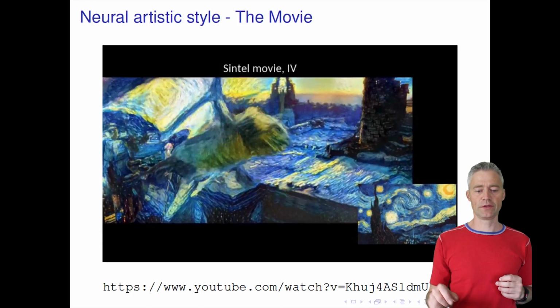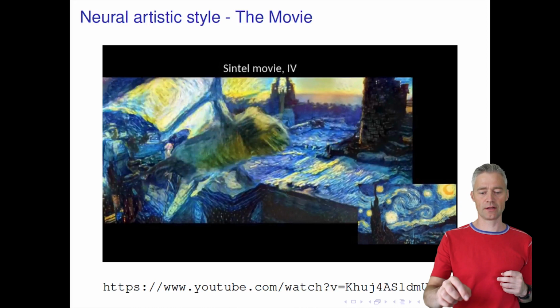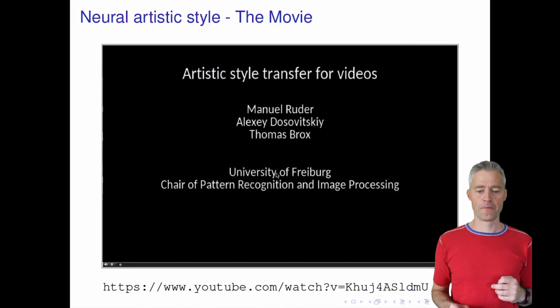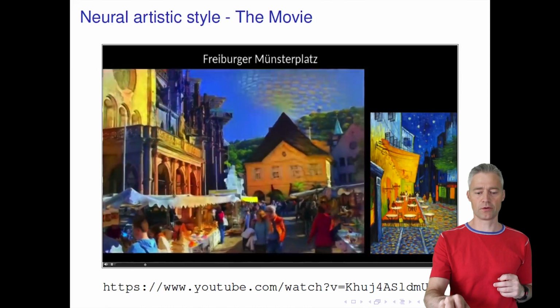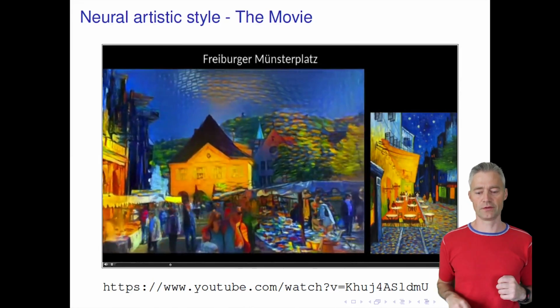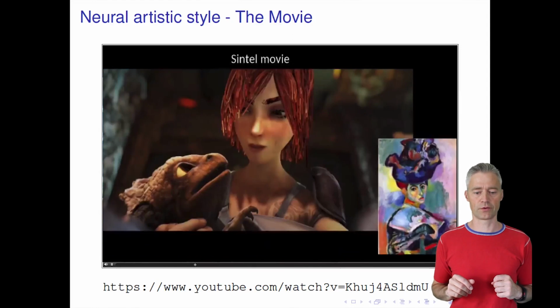Here is a nice movie, the movie version of Neural Artistic Style, that I will play for you now. It's made by the same group that made the other work I just talked about. To the right you can see another Van Gogh image that they have taken the style from.